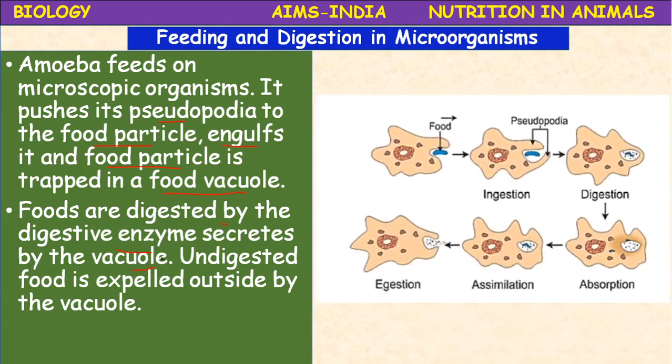See here, this is amoeba. First, what it will do, it is a unicellular microscopic organism. It surrounds the food material with the help of pseudopodia. This is the prey. Then it extends its pseudopodia and covers that food material. Finally, the body wall, the plasma lemma, the outer body wall, surrounds this food material and forms a food vacuole over it.